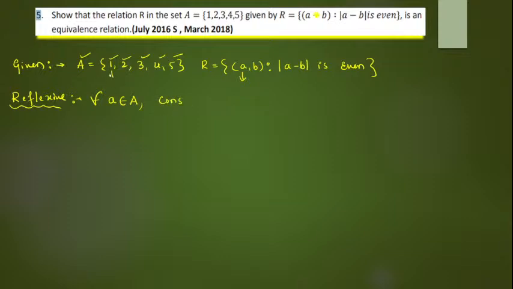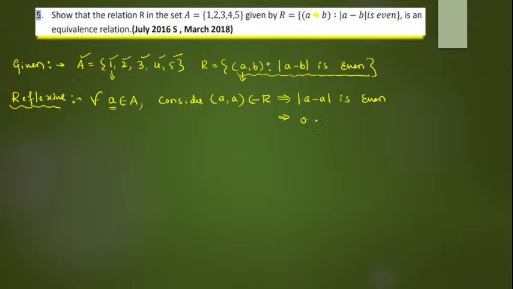For example a is equal to 1, then 1,1 has to be taken, 2 then 2,2, you have to work out like that. So now I have taken a, so you have to check, consider its doublet a comma a belongs to my relation R. So according to the statement, if a comma a belongs to R, then modulus of a minus a should be even. Check whether this statement is true or not. Modulus of a minus a is nothing but 0.